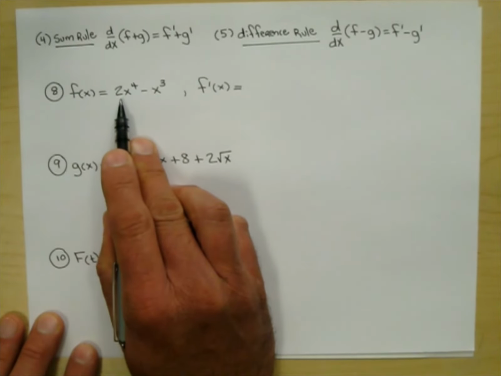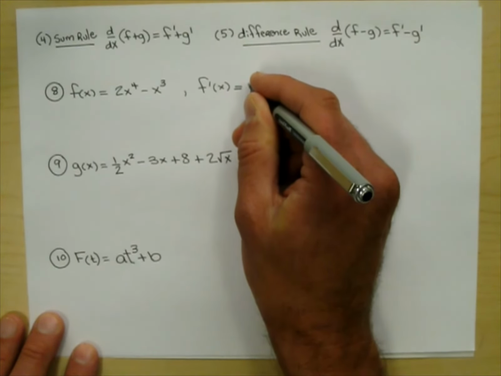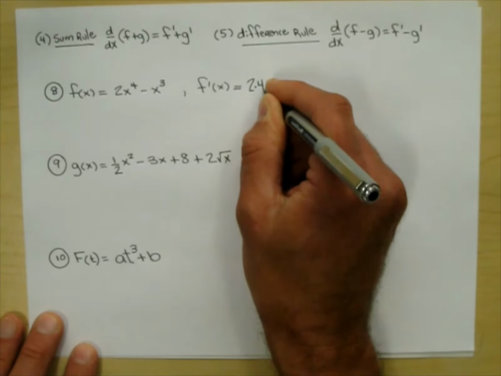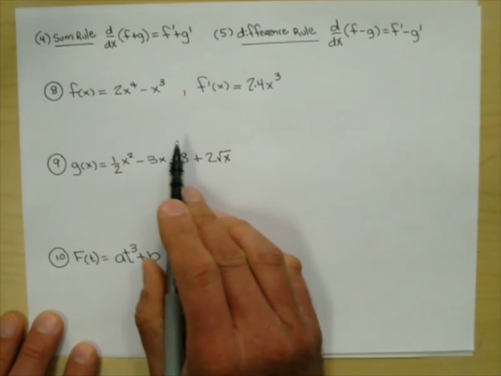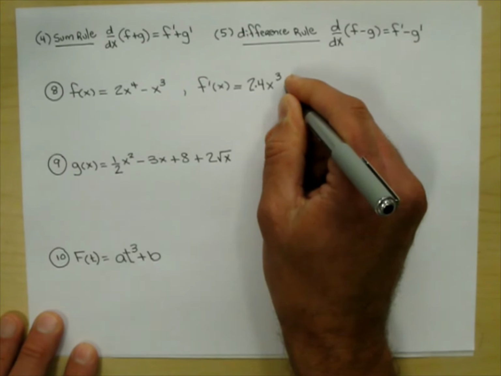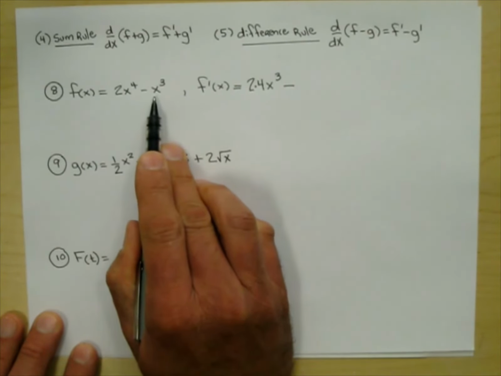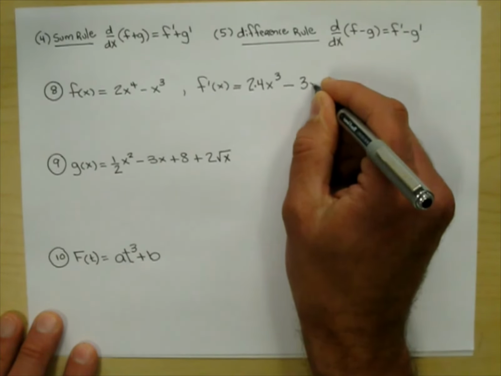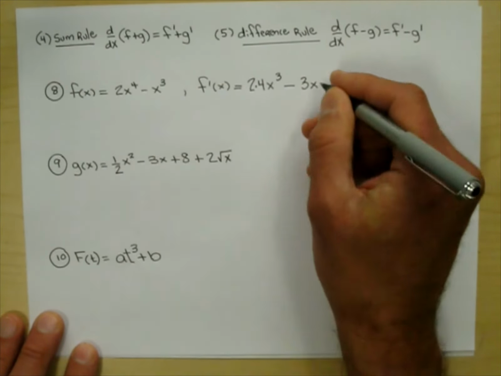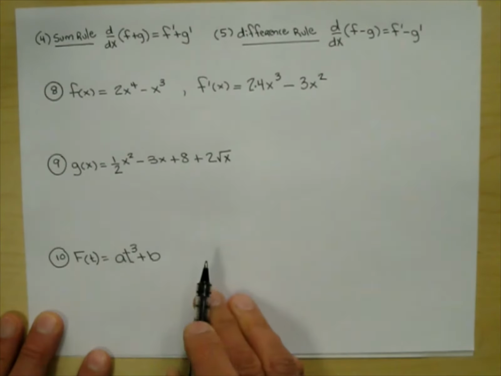The 4 jumps down in front. So this is going to be 2 times 4x to the, and we replace the 4 with a 3. And because of the difference rule, I can go minus and then take the derivative of x cubed. The 3 jumps down in front and is replaced by 1 less, which is a 2.